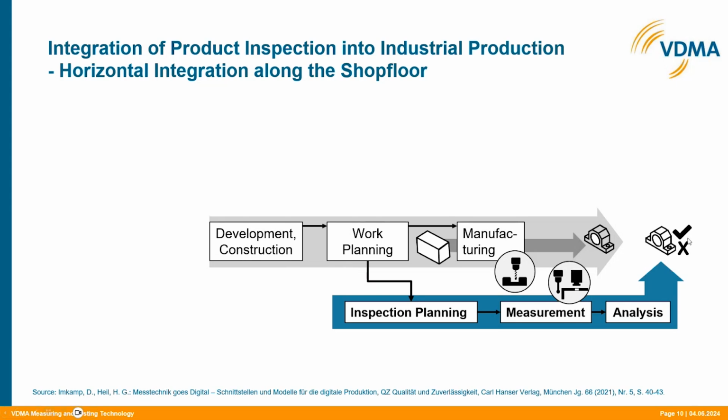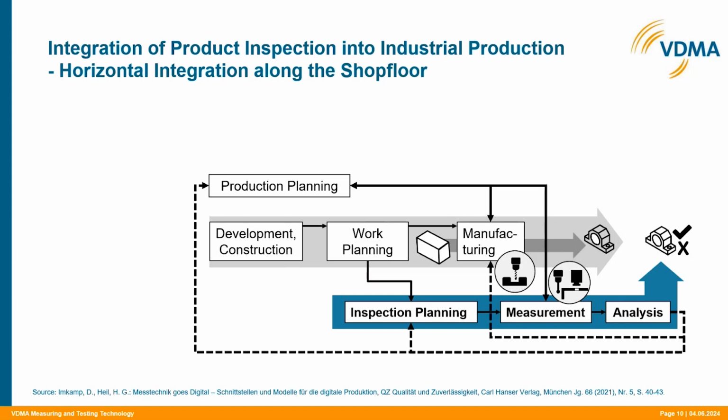You go into the manufacturing phase, and within this you also have the measurement. Then after analysis, you can decide whether it's a good part or not, and then remanufacture, or you just throw it in the rubbish, colloquially speaking. So what is this actually?